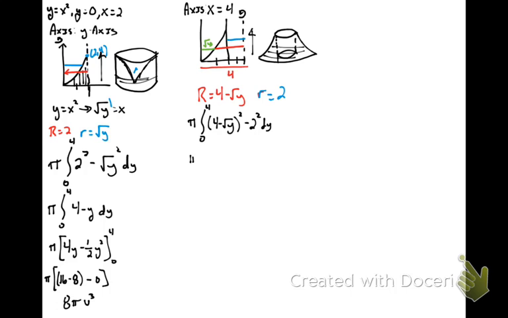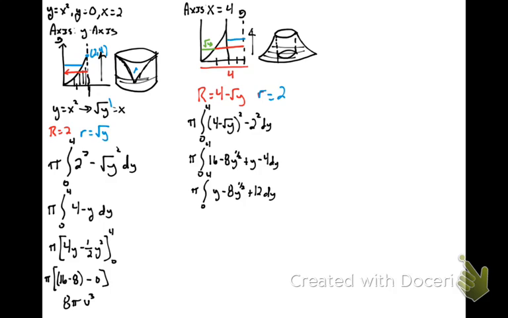Cleaning this up to make the integration a little bit simpler, this will be 16 minus 8 y to the 1/2 plus y minus 4 dy. Taking it one step further, and again I don't have to do this, I just am, this is y minus 8 y to the 1/2 plus 12 dy.